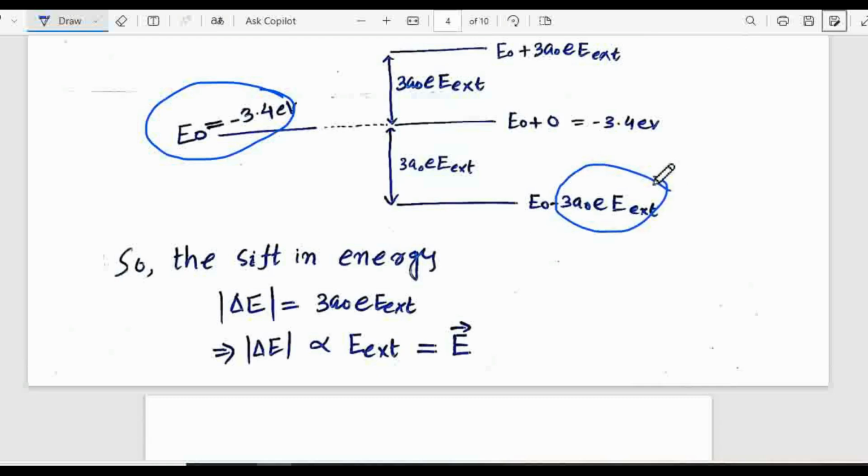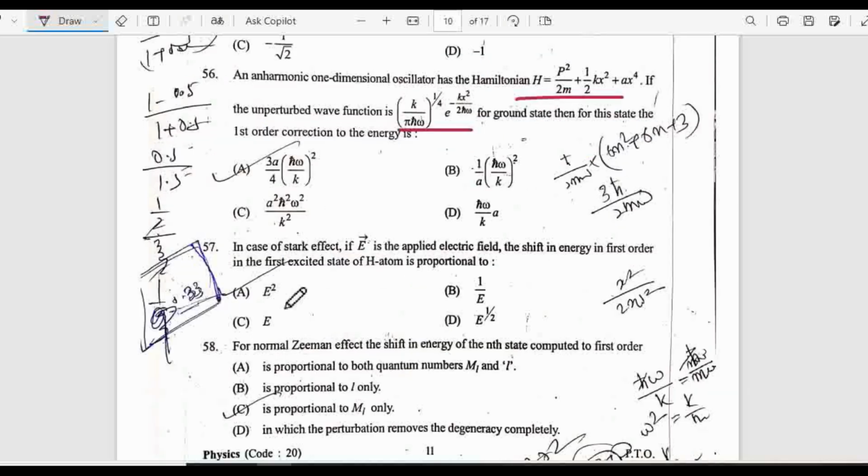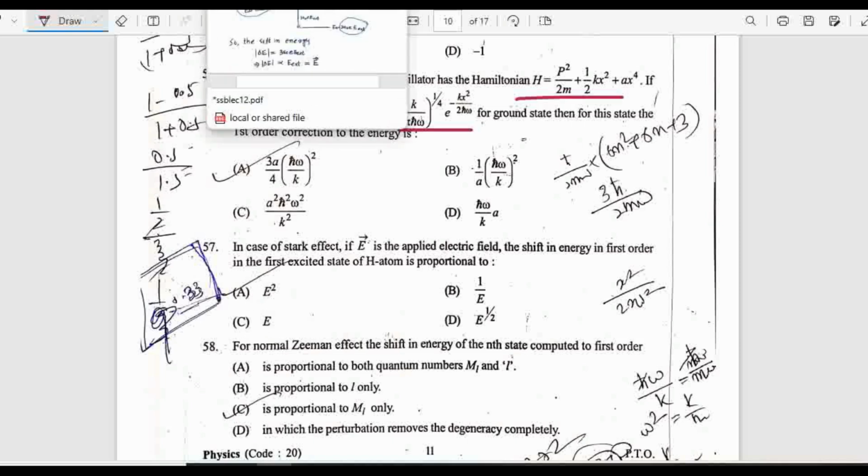You just take this term, and you see that the shift in energy is 3 a naught e E external, and explicitly you can see that this shift is proportional to E. So option C is the correct one for question number 57.